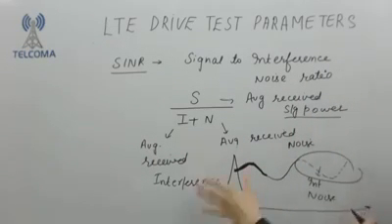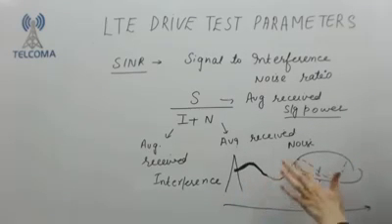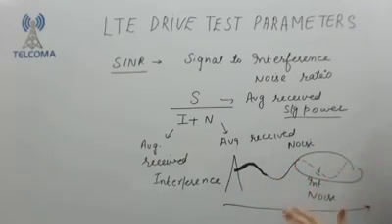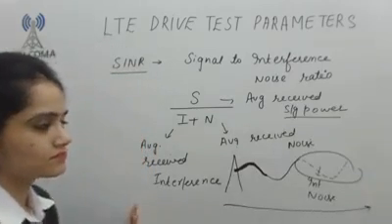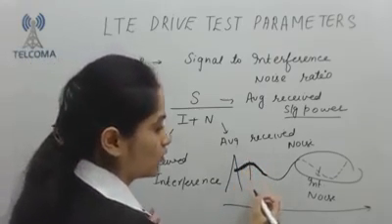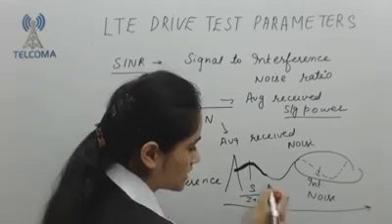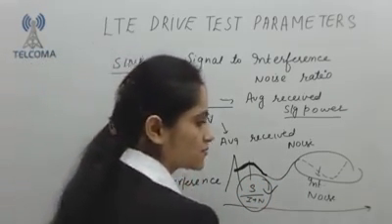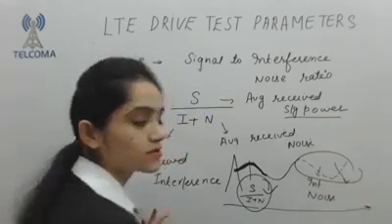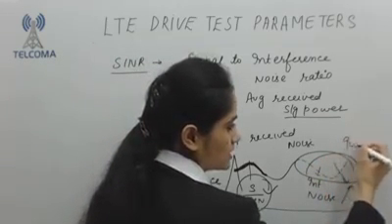At this point, what is the power of the signal and how much interference and noise am I getting? That gives the SINR value. As I start moving, signal power becomes less, interference becomes more, and the quality will obviously degrade.